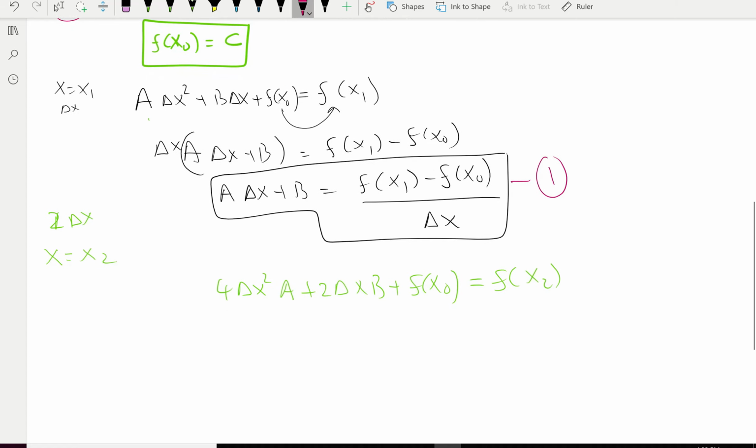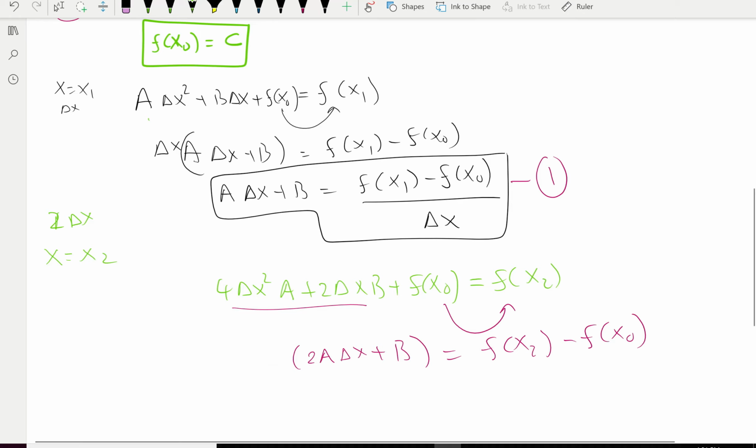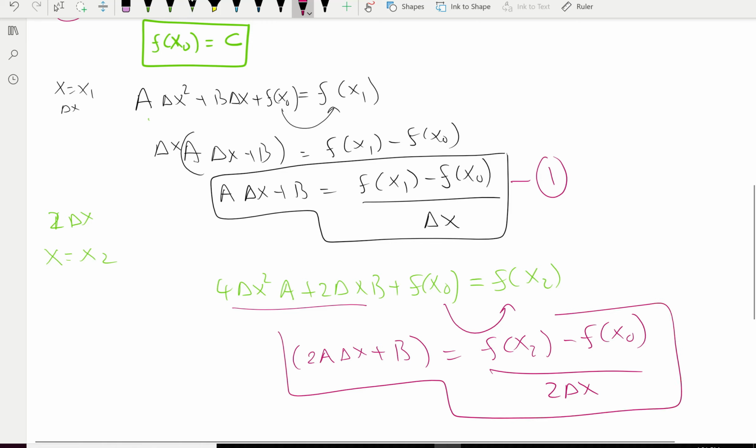Let's simplify. Let's take f(x0) to the other side and let's factor 2Δx out. So it's going to be (2aΔx plus b) 2Δx is f(x2) minus f(x0), and let's divide by 2Δx. So this is what we get. All right, perfect. So this is the second equation.